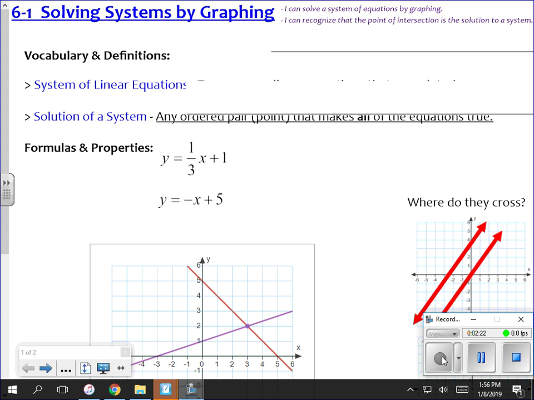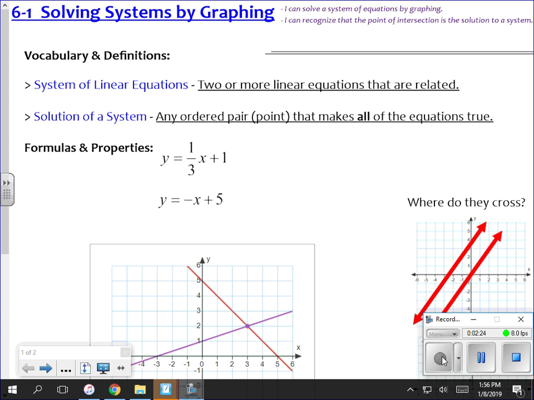The solution of a system is any ordered pair or point that makes all of the equations true. Okay? Any one that makes all of them true. That's the solution. The one point that works in both equations.